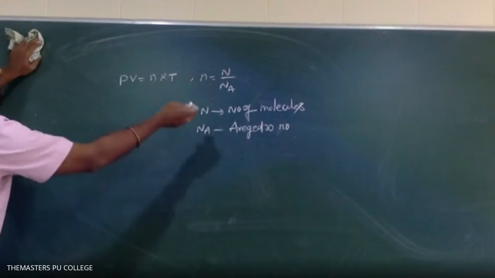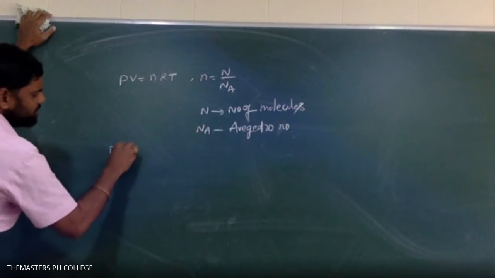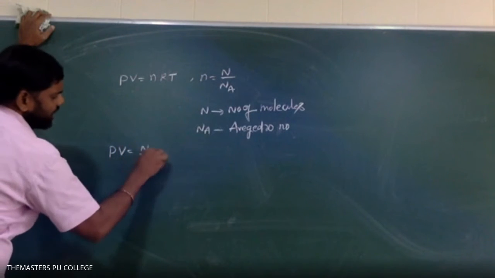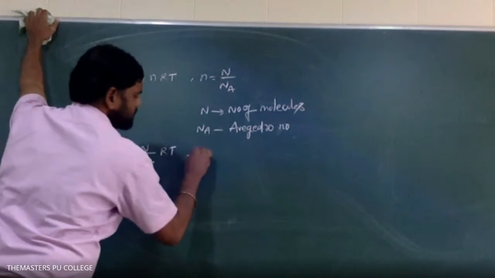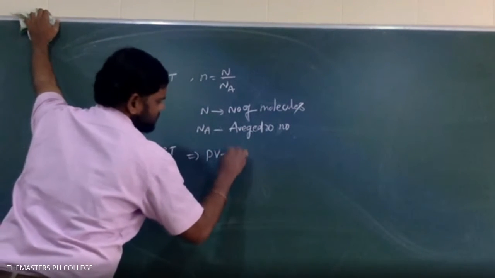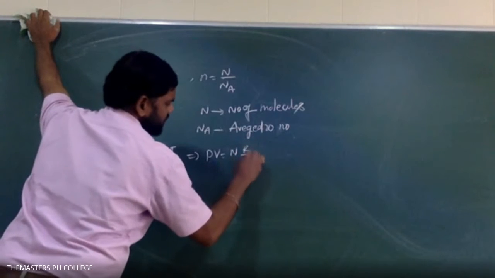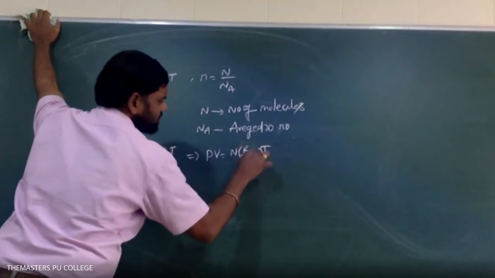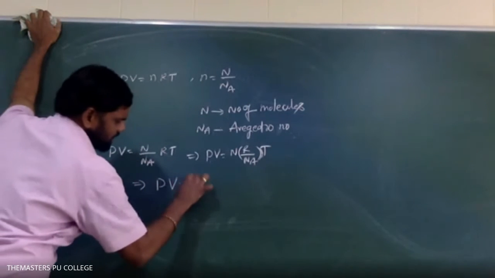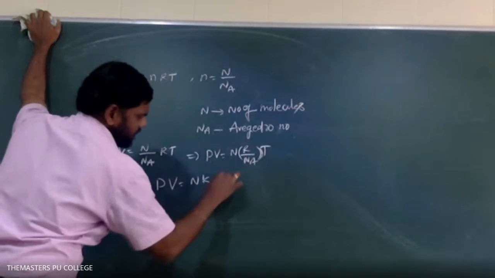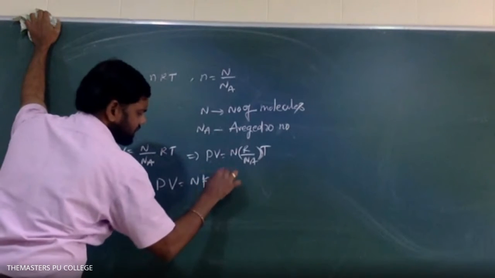So if I substitute that value, PV equals N by Na into RT. That implies PV equals N into R by Na into T. What does this R by Na stand for? PV equals NkBT, or simply we can write NkT.